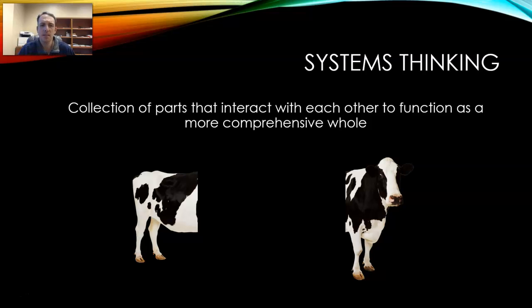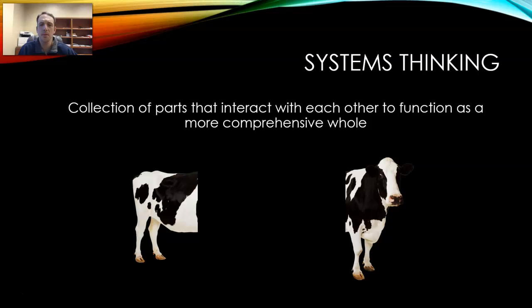The idea with systems thinking is that when we break things apart and evaluate them in isolation, we lose a larger component of what these things do together. And so you need to think about how all of the different components of your organization interact to form a larger group dynamic.